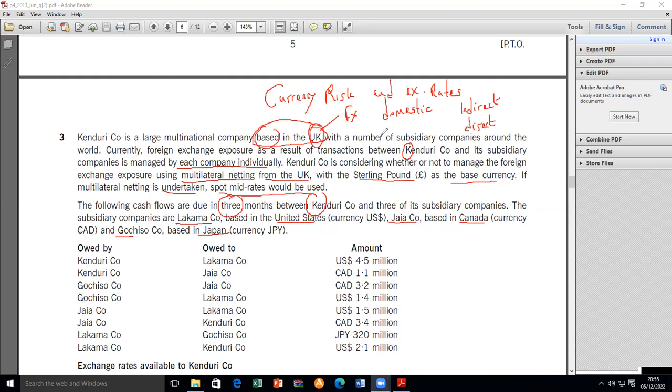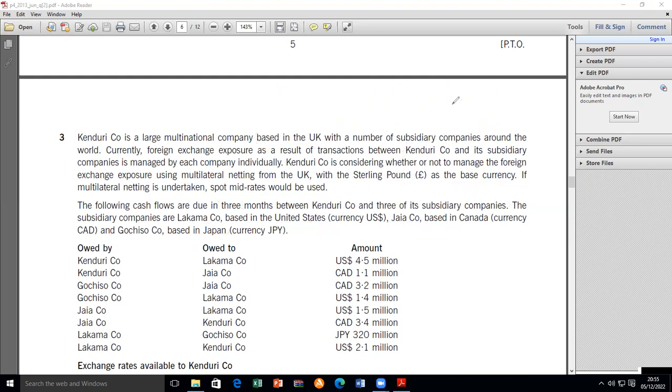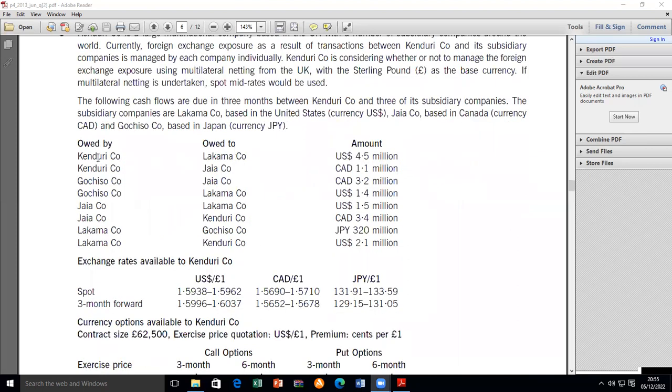Let's see if we can identify this. So here, there's amounts owed by and owed to. So I want to focus on those that relate to K and L. So owed by K, so K is owing L, meaning that K has to make a payment.